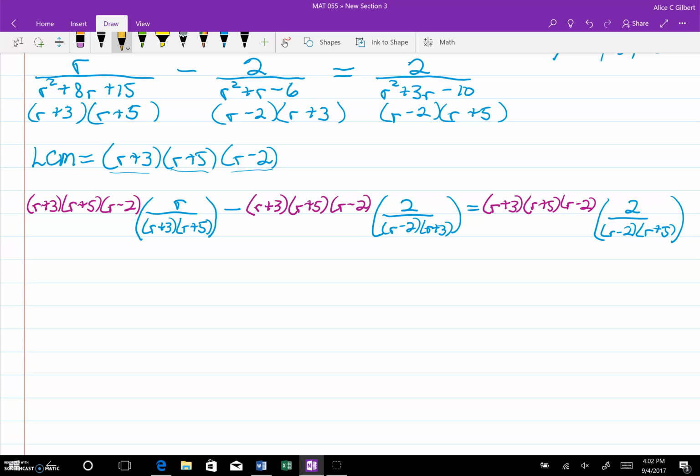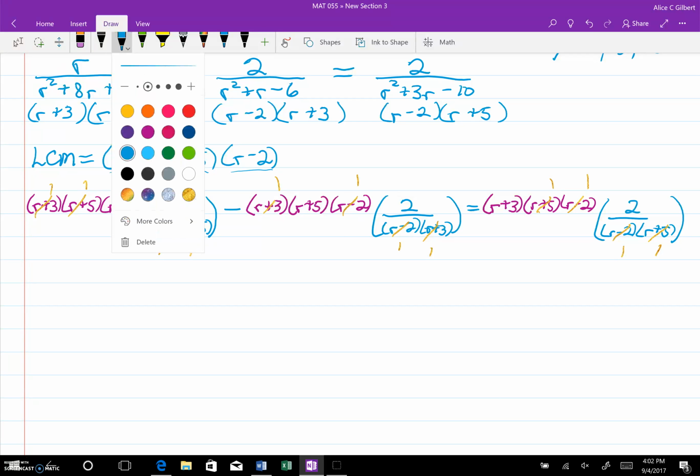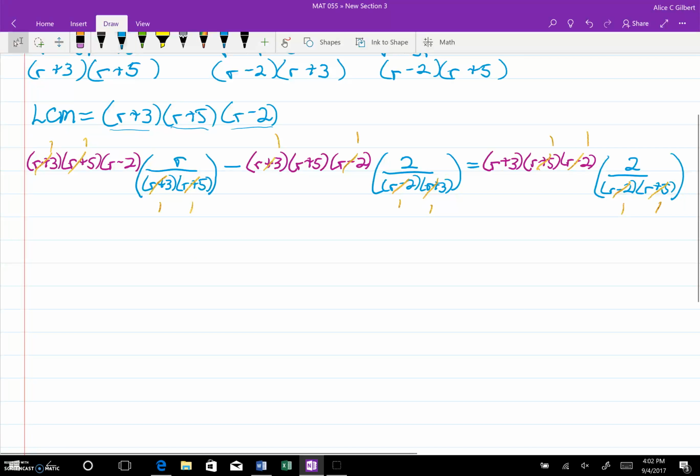So I can cross cancel this and this one. I can cross cancel this and this one. Cross cancel this and this one. And now our next step is to write what's left. So r minus 2, and then negative 2.